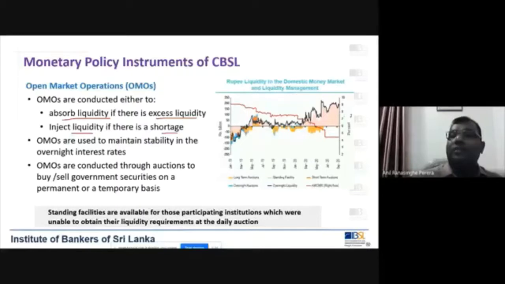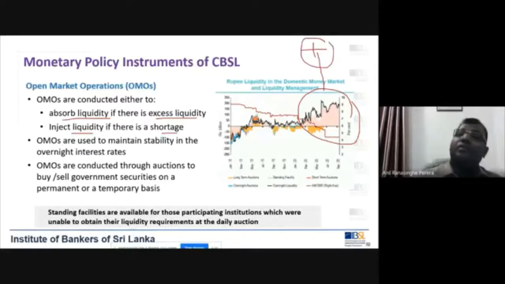For example, in this period we have large surplus money in the economy. So this surplus indicates there is excess money. So during such periods, the central bank is basically absorbing the excess.